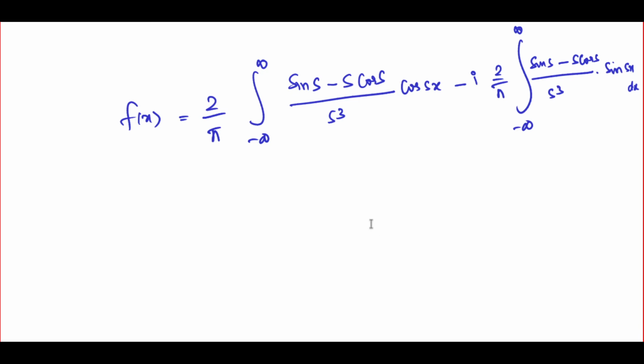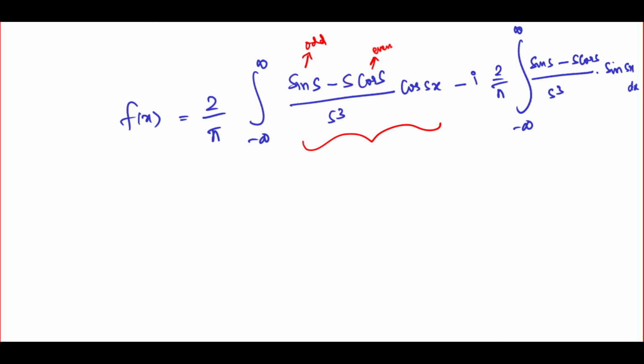So now one thing we'll note is that the function we have written here in the integrand is an even function. Why is that so? Because you see that sine is an odd function, cos is an even function.